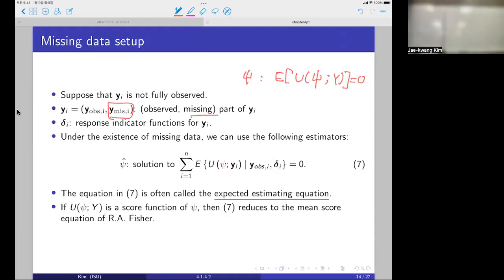So for this parameter, we now have missing data. Then how do we construct an estimating equation? Conceptually, you don't observe the missing data, so you want to take the conditional expectation given the observed data.